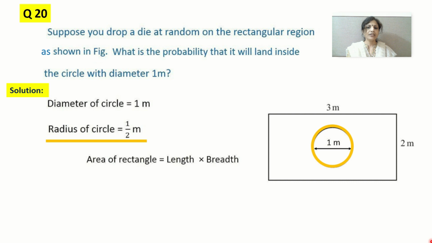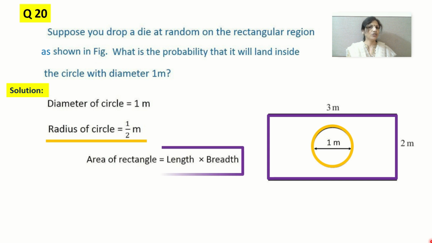So we will write the area of rectangle. The purple color is a rectangle with length and breadth given to us. So area of rectangle is equal to length into breadth. Substitute the values into this formula. 3 into 2, that is 6 meter square.